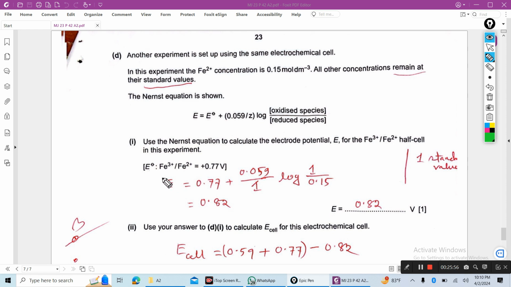and to calculate the electrode potential E of the iron 3 half cell in non-standard condition.